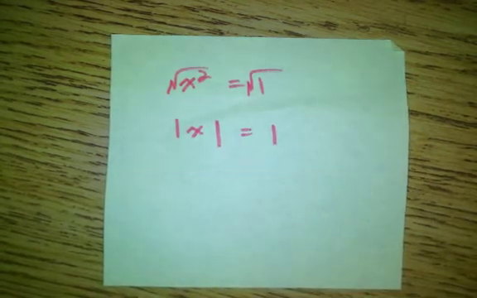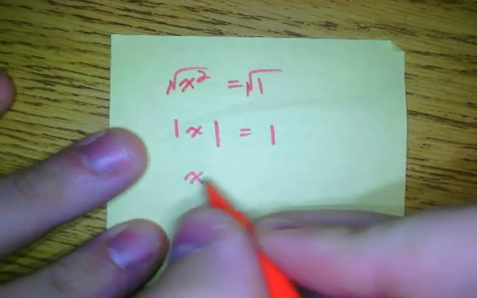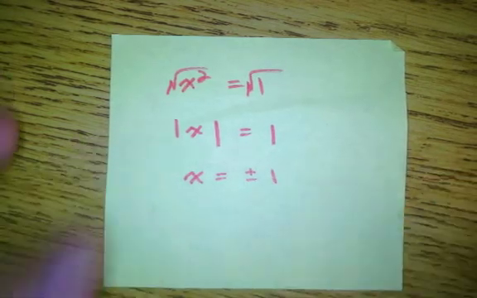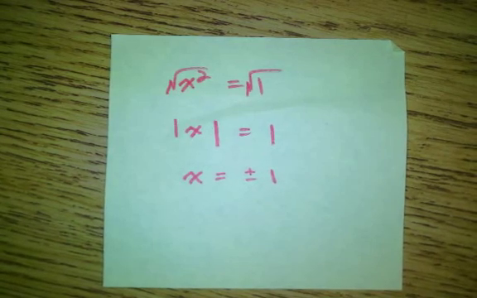The absolute value has 2 branches, a positive branch and a negative branch. What happens if the absolute value is negative? Then that'd be imaginary, because you would get a negative underneath the square root. So that can't happen.